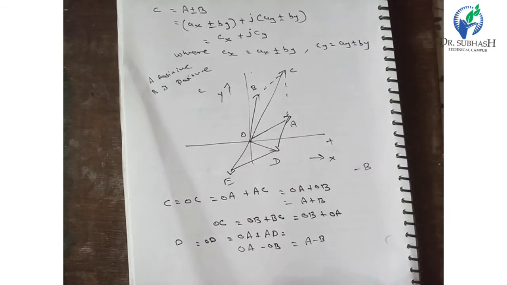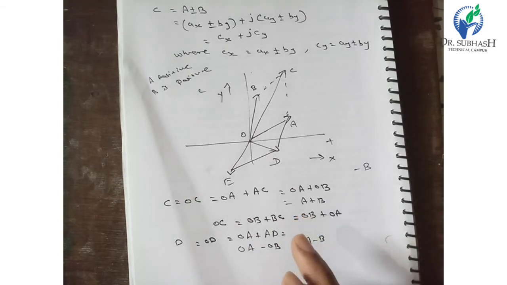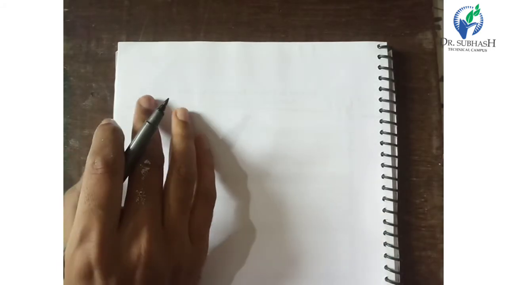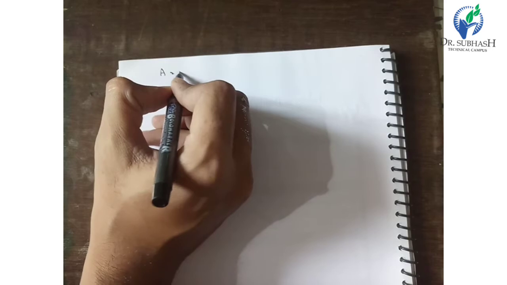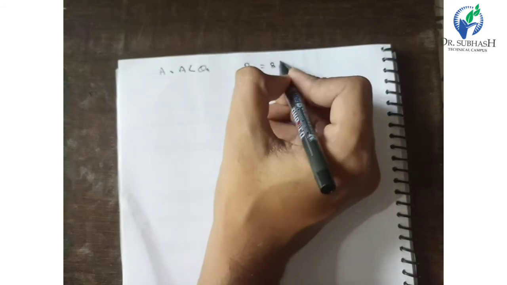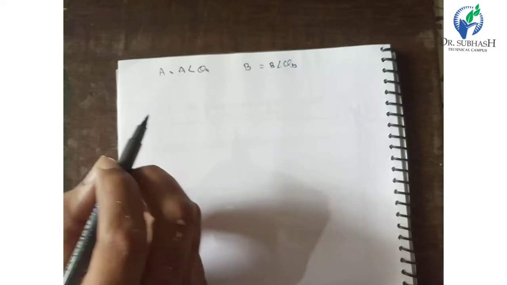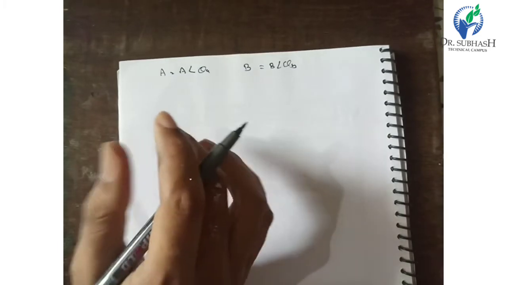In this case, there is no reference to the rules involving scalar quantities in the multiplication and division of phasors. Assume the two phasors are available in polar form, so we take A is equal to A angle theta A and B is equal to B angle theta B. Otherwise, they are to be transformed from rectangular to polar form.